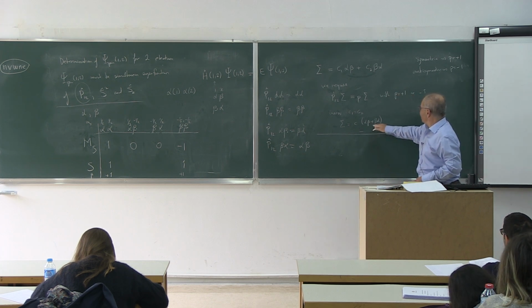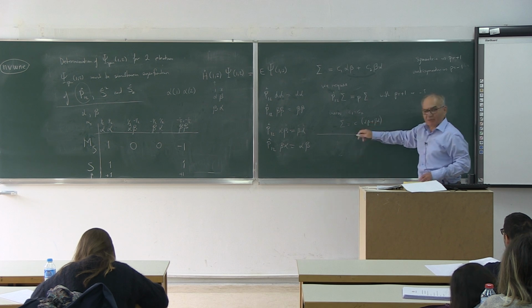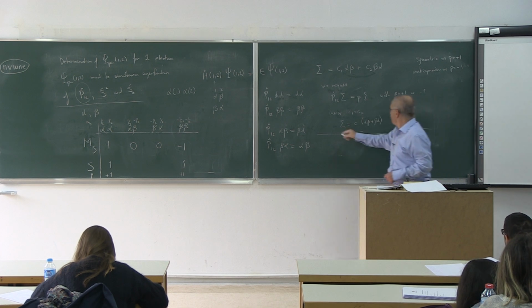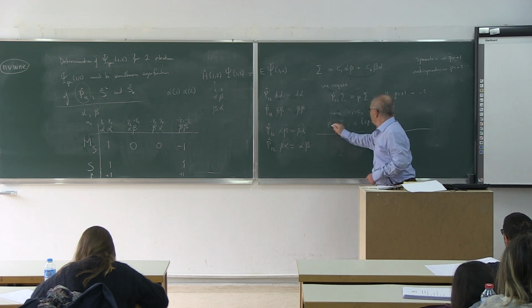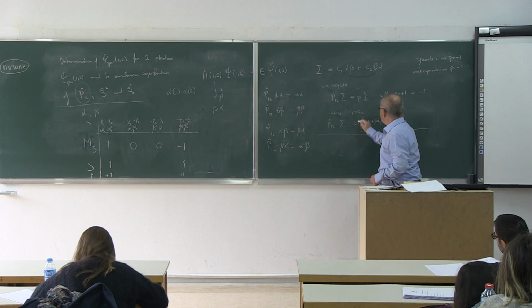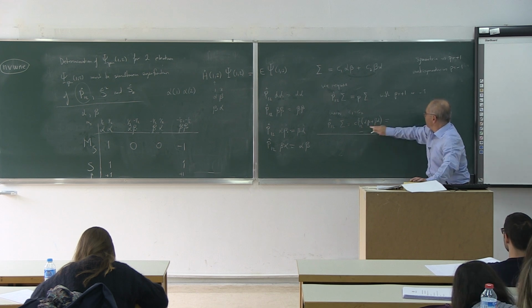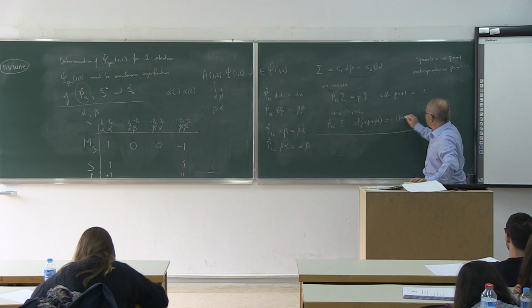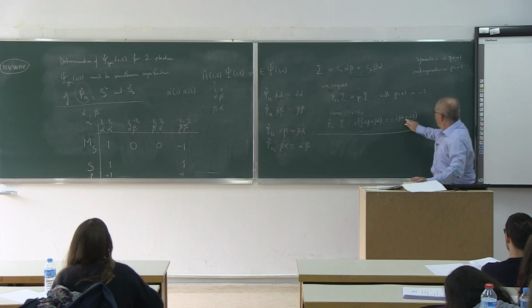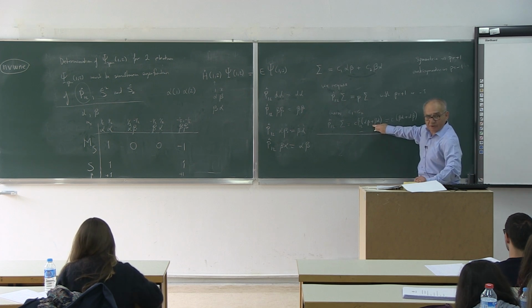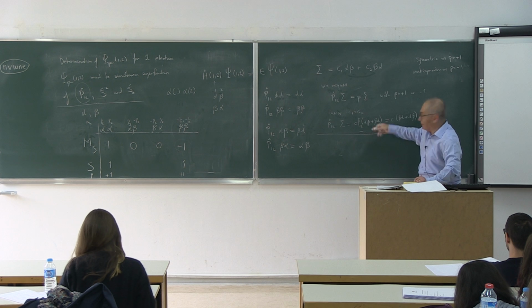Does this function have the symmetry property under spin exchange? Now apply this P12 here. You get the first factor becomes beta times alpha. The second factor becomes alpha times beta, isn't it? But the sum, is it the same or different from the original expression? Same.